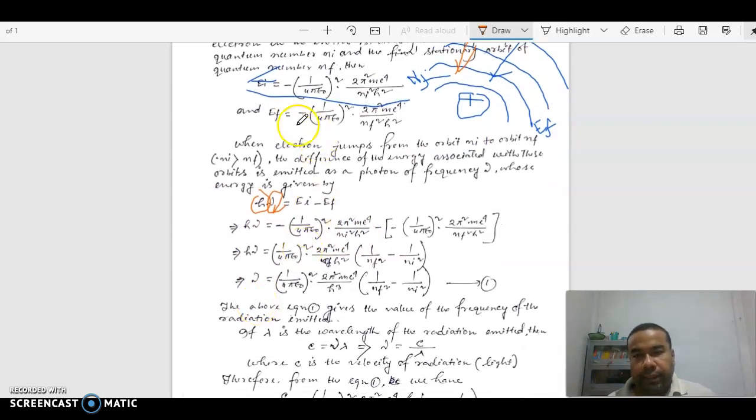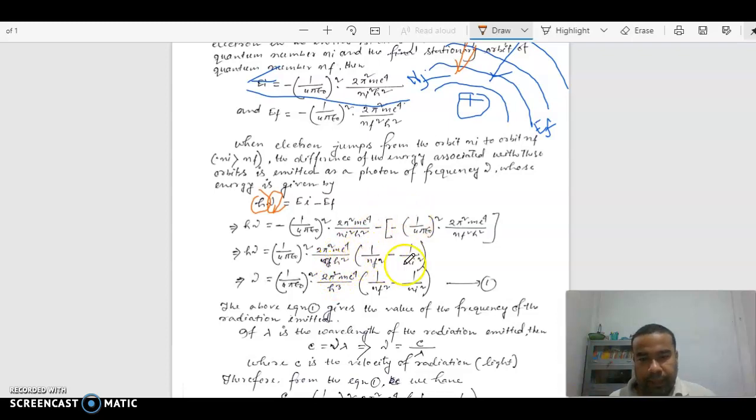Now we substitute the values of Ei and Ef. Minus minus becomes plus, and we can take the common part, 1 by (4 pi epsilon naught) whole square, 2 pi square m e to the power 4 by h square.